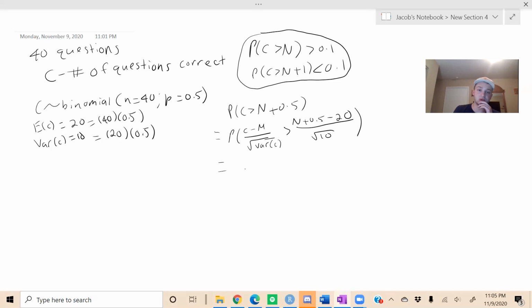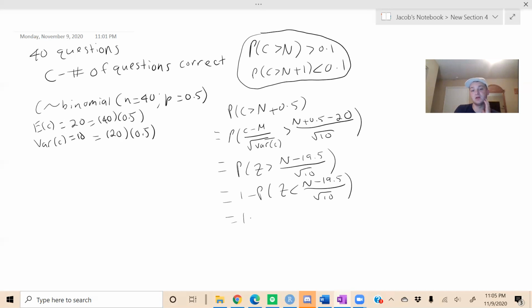So then this equals the probability Z is greater than n minus 19.5 over the square root of 10, which is equal to 1 minus the probability Z is less than n minus 19.5 divided by the square root of 10. If you want to write that in our shorthand notation, it's equal to this.